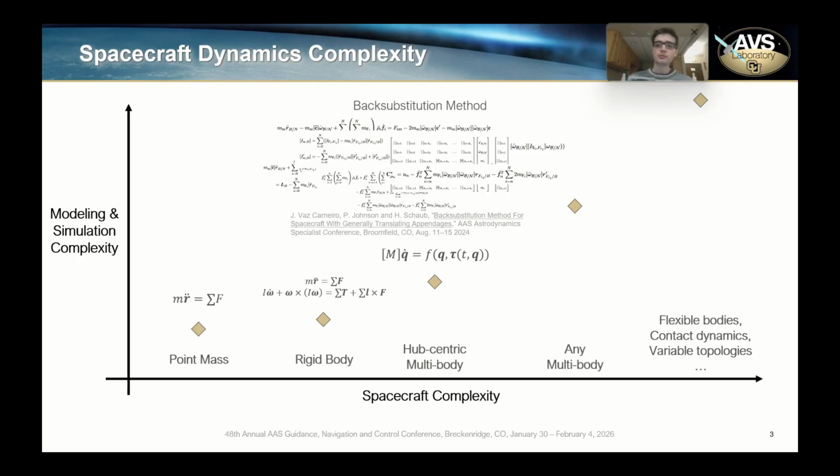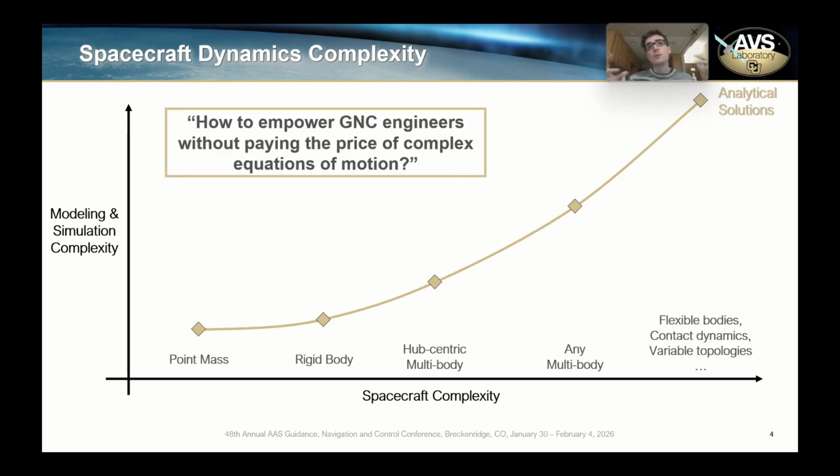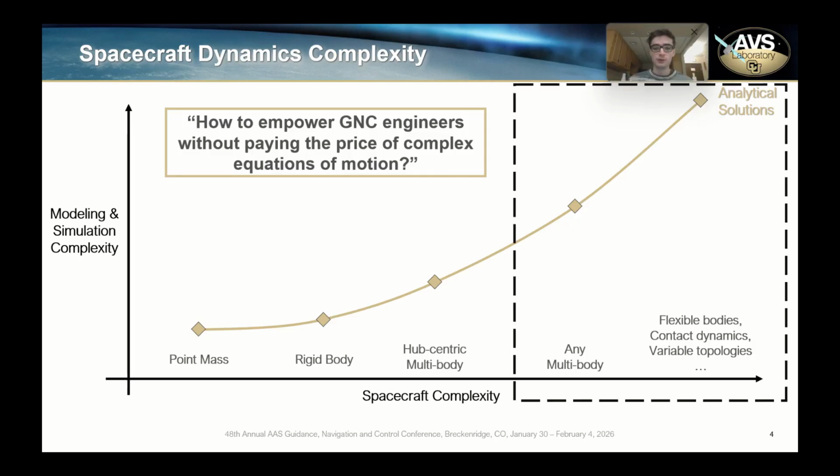Now, our argument is that this exponential explosion of modeling complexity with spacecraft complexity only happens when we're chasing analytical solutions. And our question is, how can we empower GN&C engineers to explore this very interesting family of spacecraft, the future robotic arms and space stations, without having to pay the price of modeling these complex equations of motion, deriving them by hand?